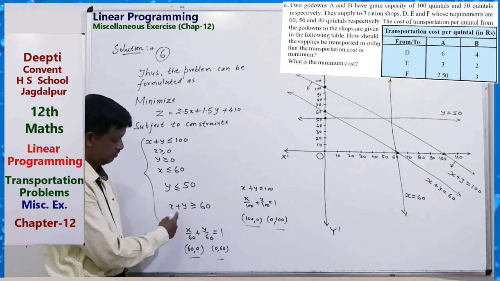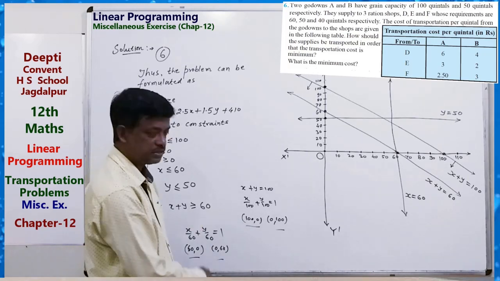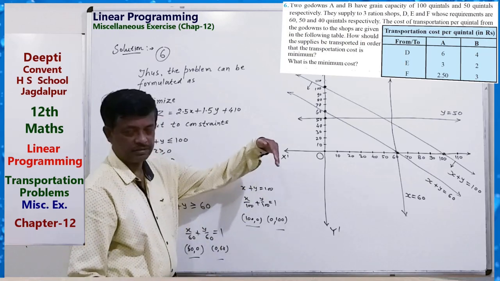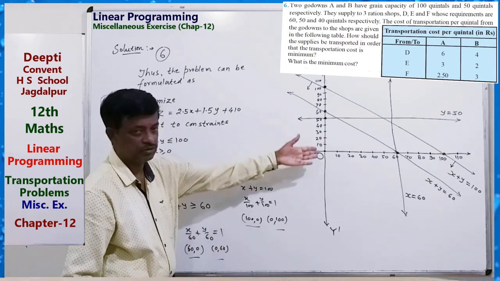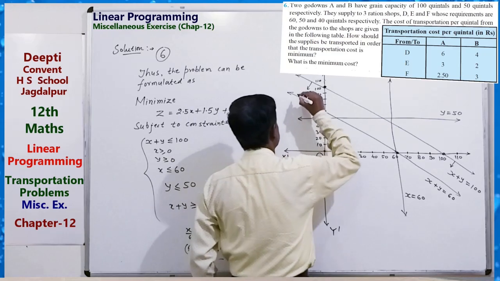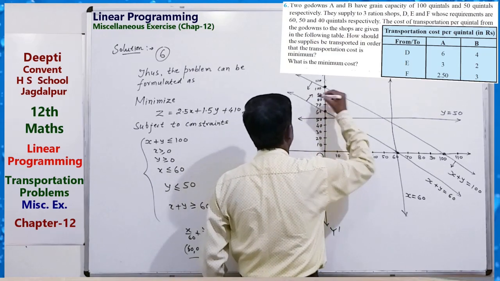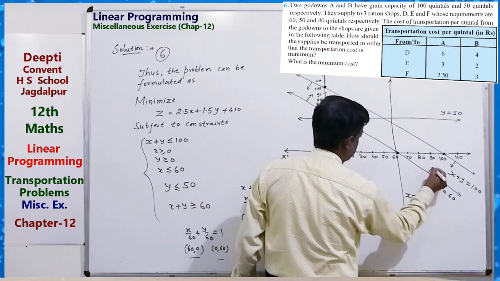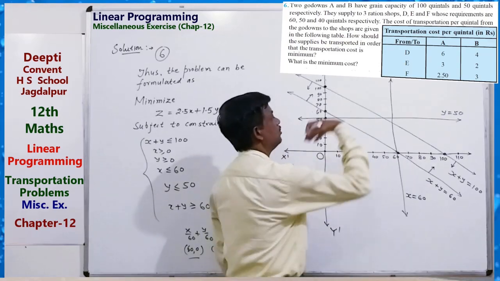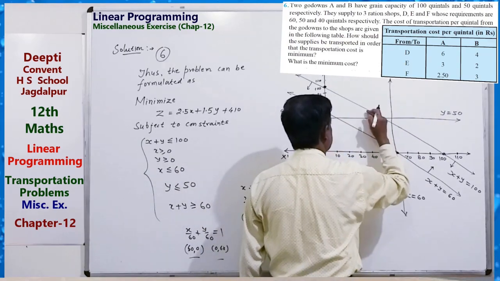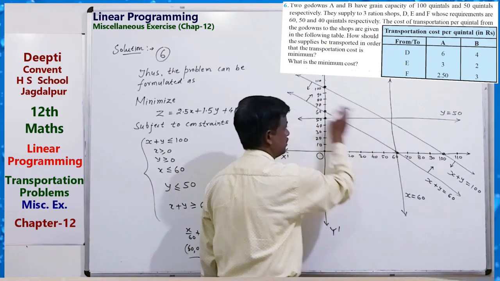So for this, the half plane that does not contain the origin is the solution. It is this side. The solution region should lie in this portion.